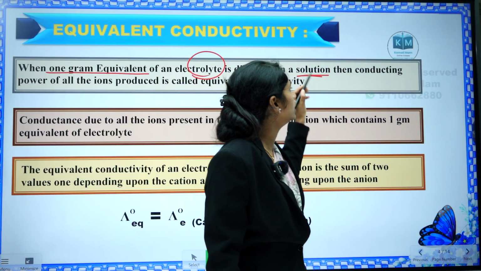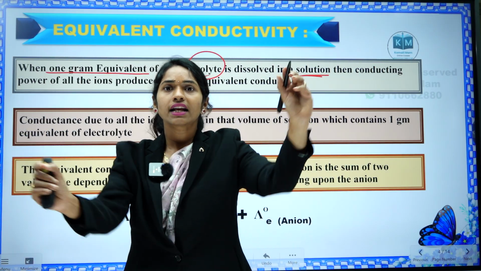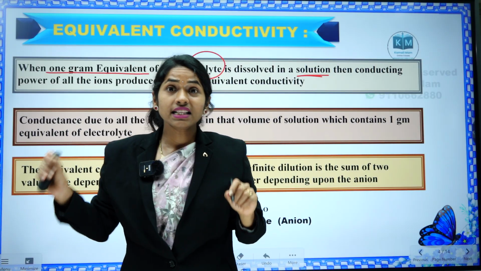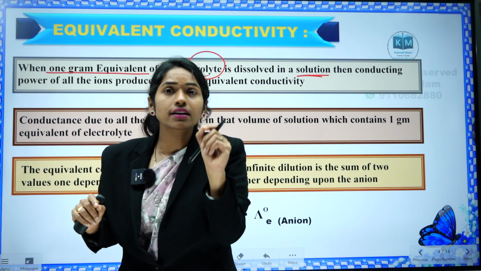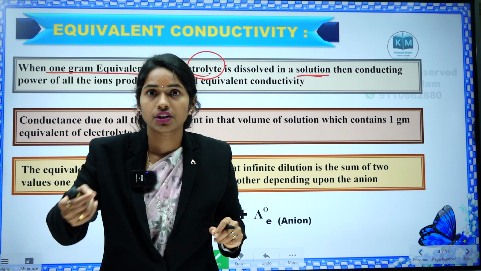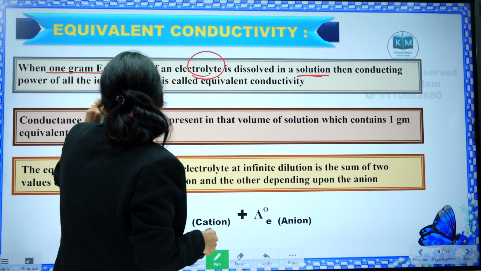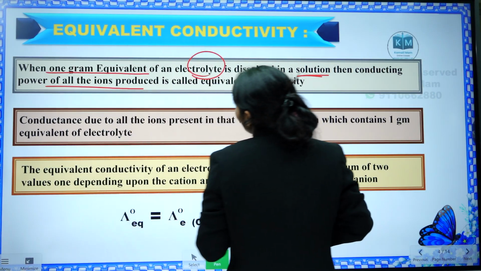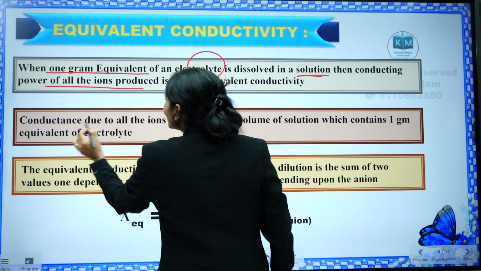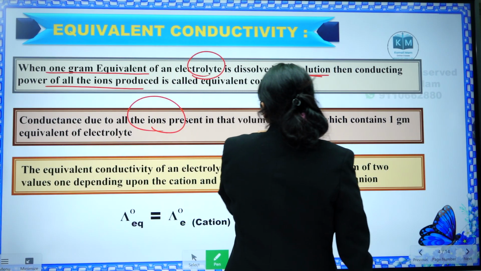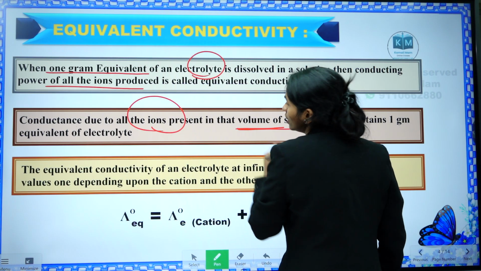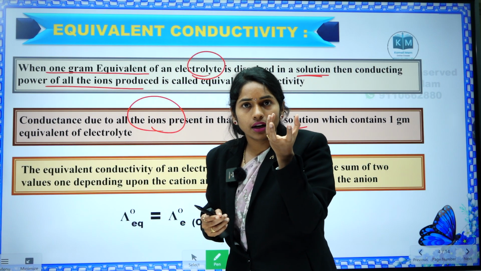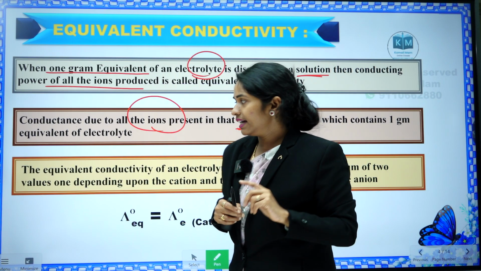Then whatever the conductivity is, it is due to all the ions produced, all the ions present in that volume of solution. In that solution, 1 gram equivalent of that electrolyte shows how much conductivity.